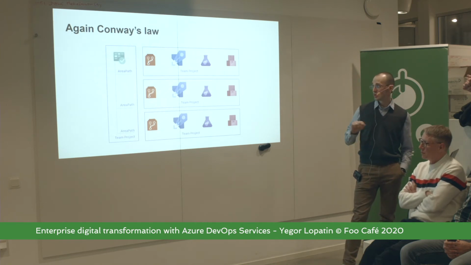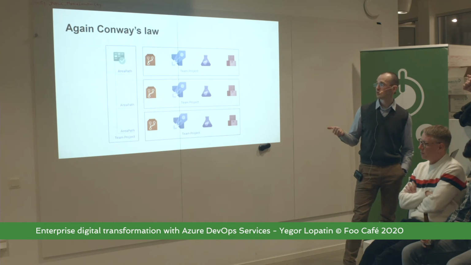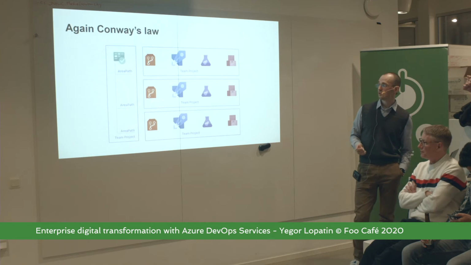To have this mapping, and for the future, so far there is no such need, but I bet there will be, to limit access, because you know that area paths are one of the ways to limit access for different people to see different stuff inside the team project.